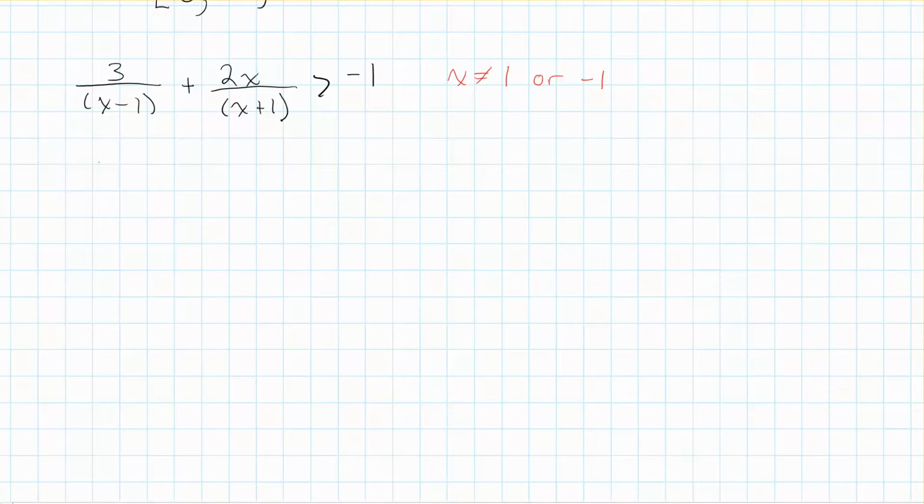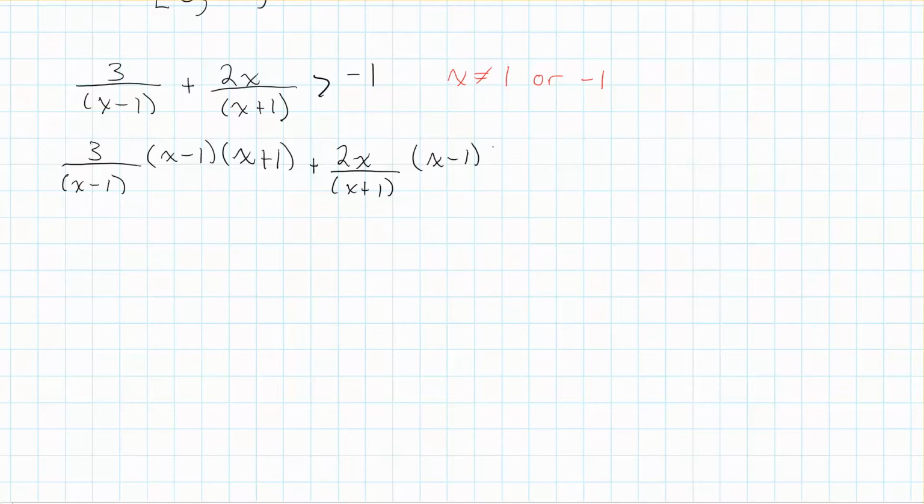And so we'd have 3 over x minus 1 times x minus 1 times x plus 1 plus 2x over x plus 1 times x minus 1 times x plus 1 is greater than negative 1 times x minus 1, x plus 1.